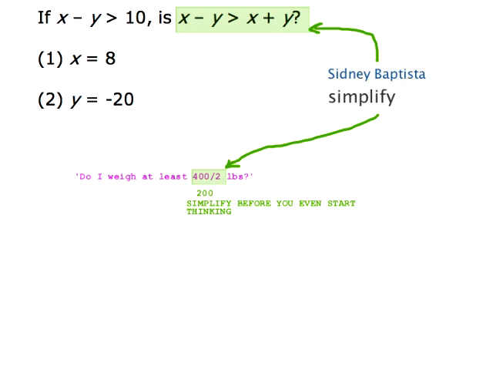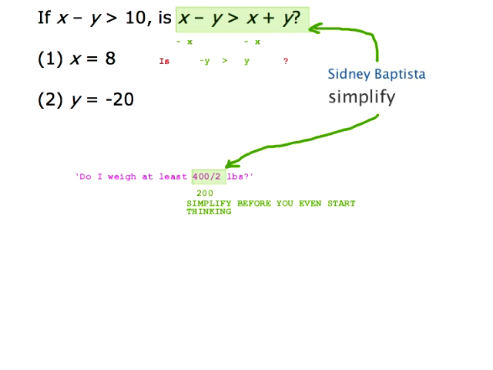So you can subtract x from both sides. Notice this is still a question. Make sure that you do not drop the word is or the question mark. Notice Rumi is keeping those things. That's a good thing to do. So we have: is x minus y greater than y?